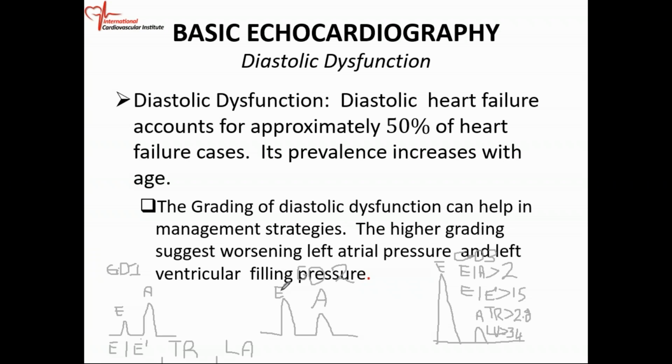So the classic grade 2 diastolic dysfunction patient, the E is bigger than the A, so we call them pseudonormal because they look normal, but when you do further analysis, the E/E prime ratio is going to be greater than 15, and we're using the medial E prime. Again, E/E prime ratio greater than 15 tells you that the left ventricular filling pressure or the left atrial pressure is elevated.